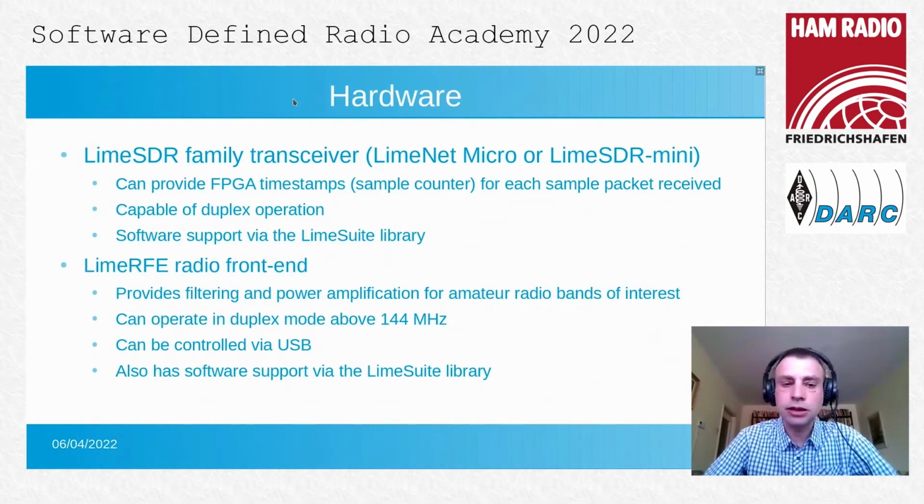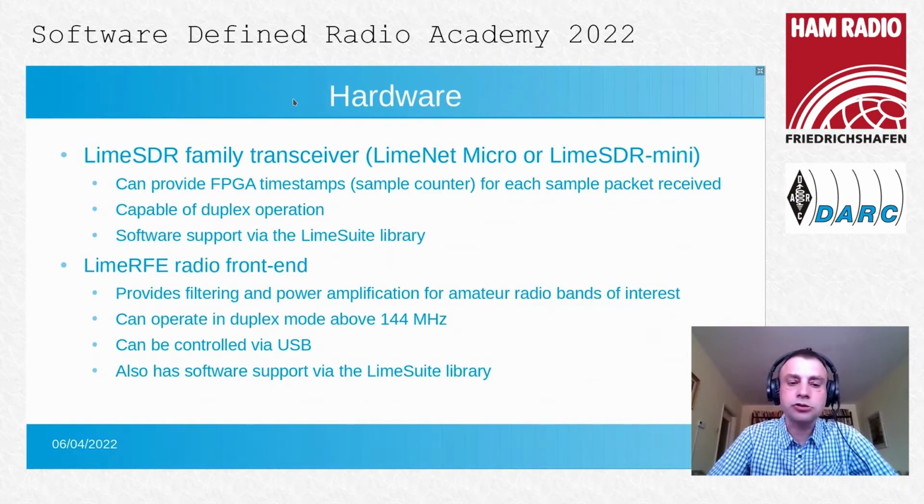I've also used the LimeRFE radio frontend, which was used to provide external filtering and power amplification for amateur radio bands of interest. In my case, it was either the 2-meter band or the 70-centimeter band.